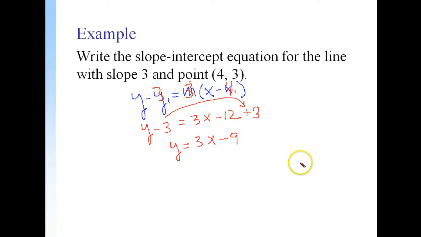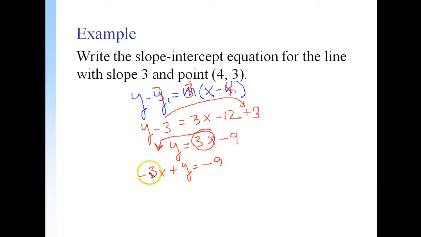Now every once in a while they want us to put it in standard form. So we would do that by taking this term, transposing it over to that side. That then becomes a negative 3x plus y equals a negative 9. And sometimes they don't want this a term here to be negative.